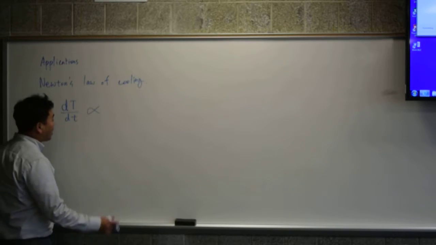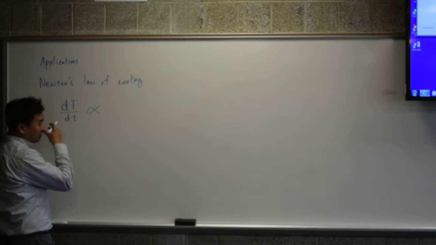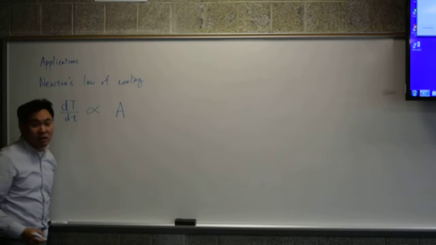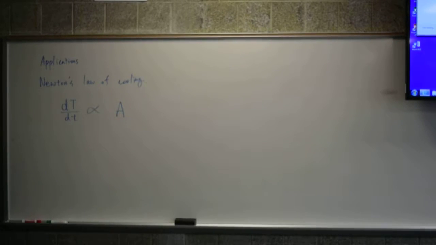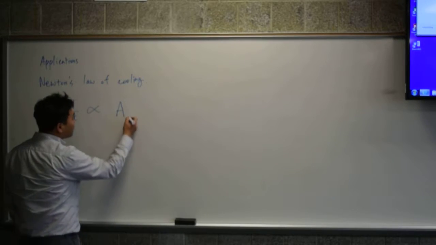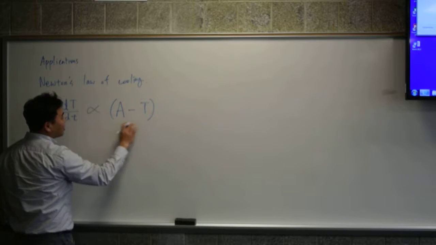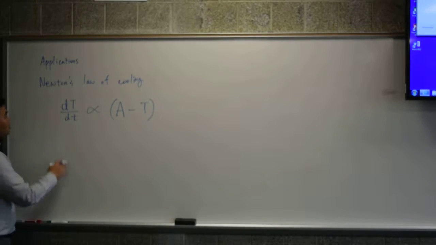So this is how he wrote it down. He said, well, assuming that the ambient temperature is some constant that doesn't change, then the difference between the ambient temperature and the temperature of the object is going to be proportional to the rate of change of the temperature.